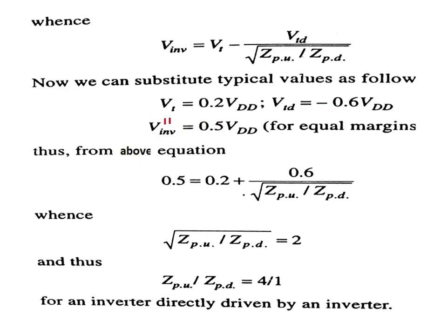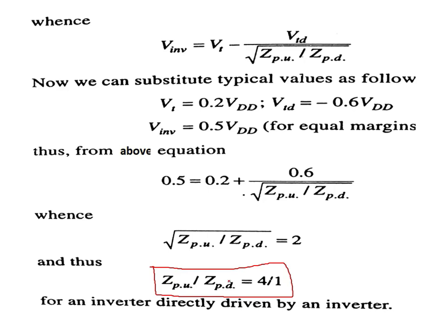V invert is equal to 0.5 VDD. If you substitute and solve for the pull up to pull down ratio, you will get 4:1.